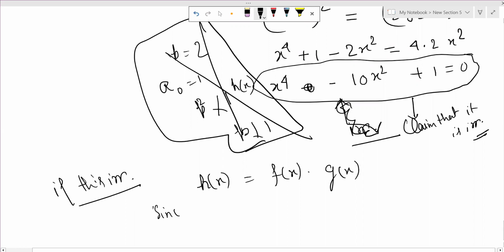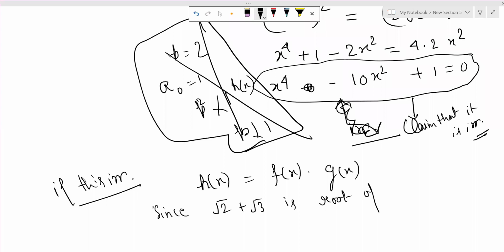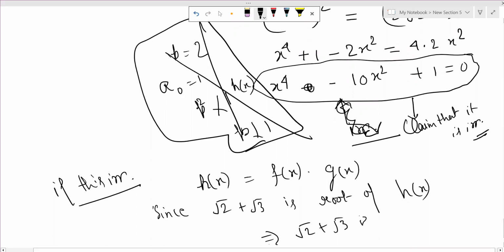Since root 2 plus root 3 is a root of h(x), this implies root 2 plus root 3 is either a root of f(x) or g(x).